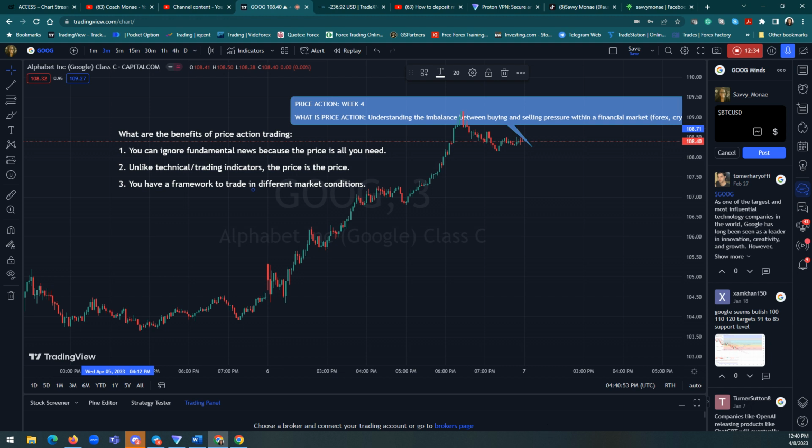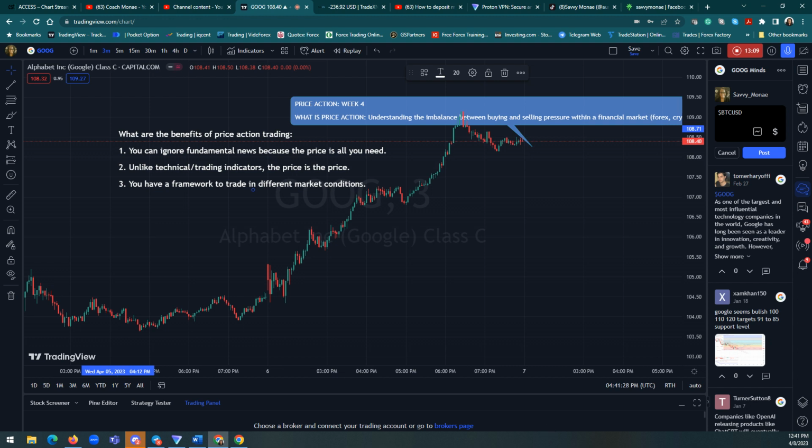That's why there's always positive and negative fundamental news floating around, and the type of news that is shared is dictated by the price movement, not the other way around. Okay? So we've got to think about that. Have you ever heard a news reporter say, "I have no idea why the market went down or went up today"? Absolutely not.